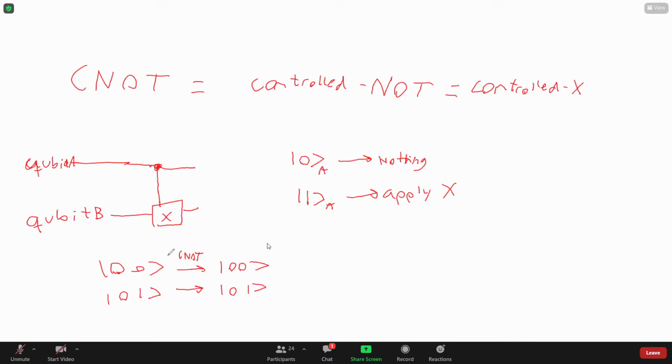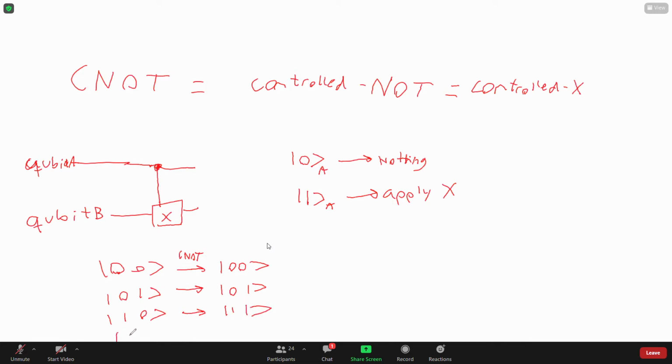That's also boring. But now the fun comes. So now let's go with the 1, 0 state. Now the first qubit is in 1. And when we apply the CNOT, what comes out is that we need to do an X gate on the second qubit, meaning we need to flip it. So 0 goes to 1.